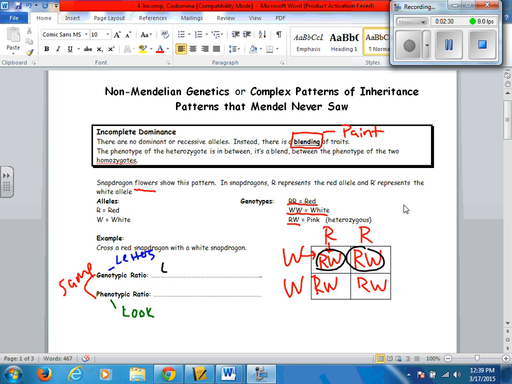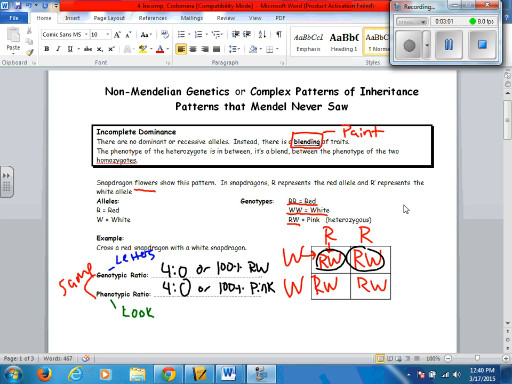So that would be a 4 to 0 ratio, or you could say 100% RW. Either way, you would be correct. And again, the phenotypic ratios are exactly the same, because an RW gives you all pink flowers. So you would have 4 to 0 or 100% pink. So this is an example of incomplete dominance, just one scenario that Mendel never solved.